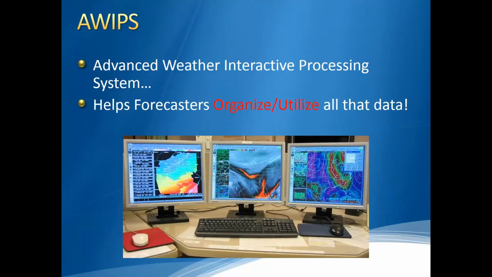And so rather than having to draw the maps yourself, rather than having to sit down and look at the raw figures, you can instead have it all analyzed and processed for you so you can then utilize it in making your forecast. So AWIPS is just one tool.